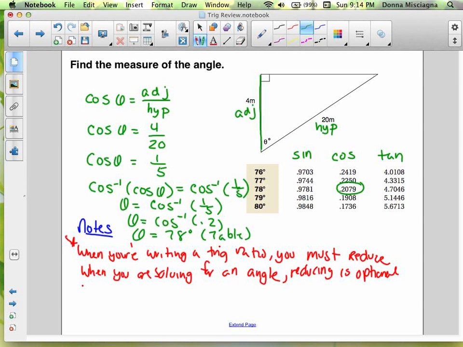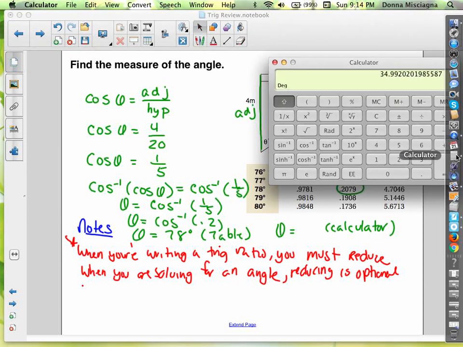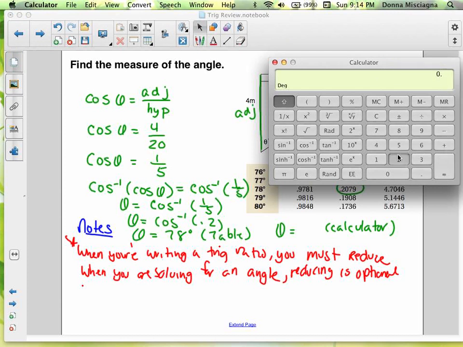Now let's use the calculator. Let me grab that calculator again. So we can just put 0.2, and then arccos.